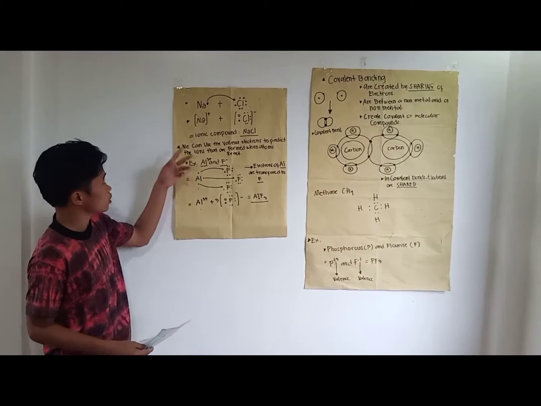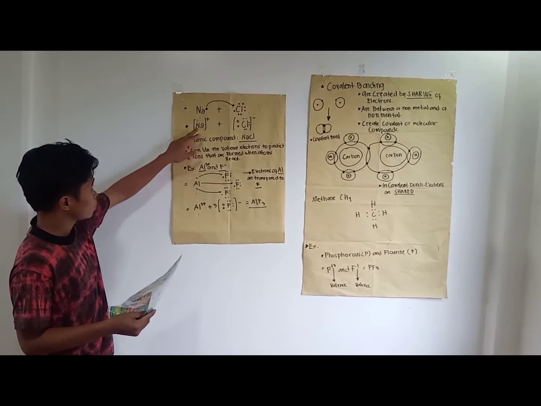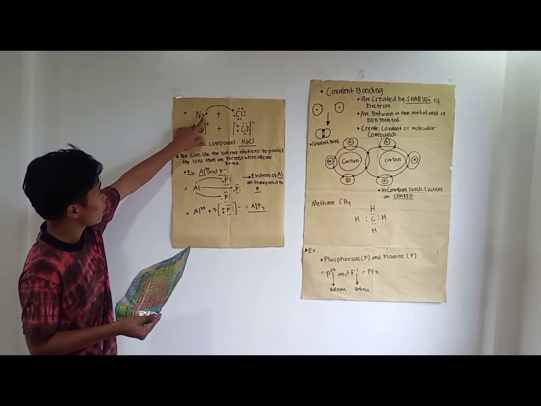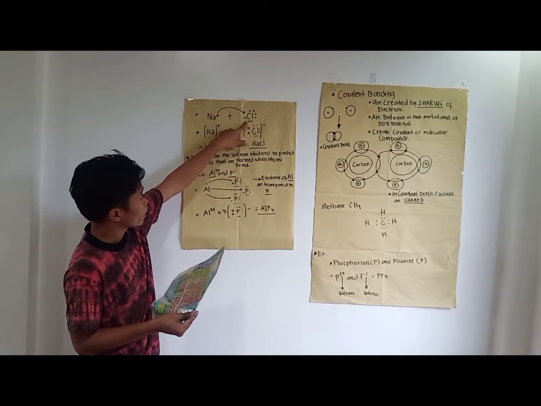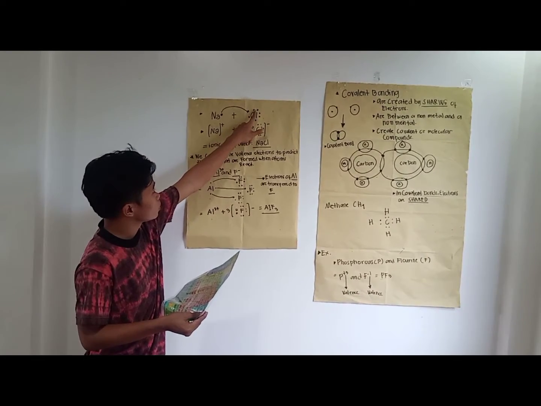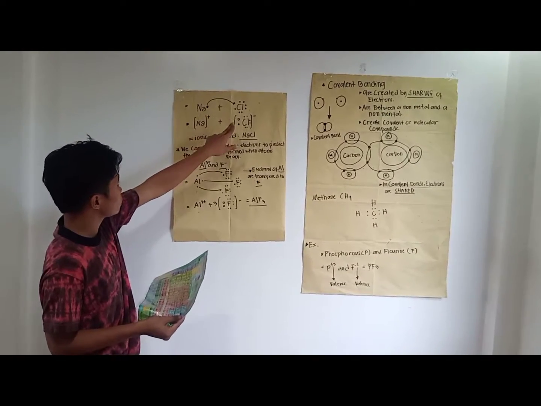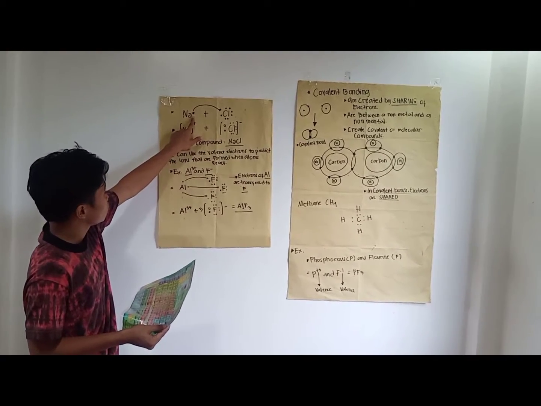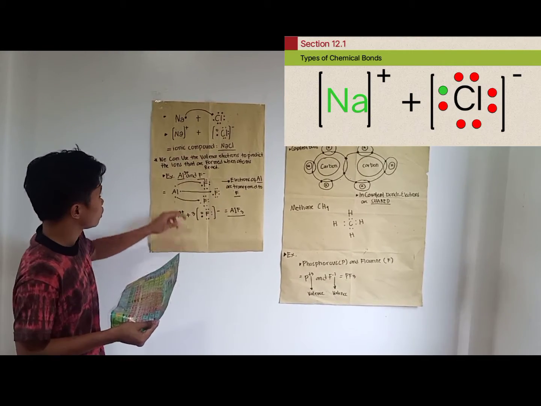This is another example of ionic bonding. As we can see, sodium has one dot, in group 1, plus chlorine, which has 7 dots, in group 7. If we combine them, the sodium transfers its electron to the chlorine.